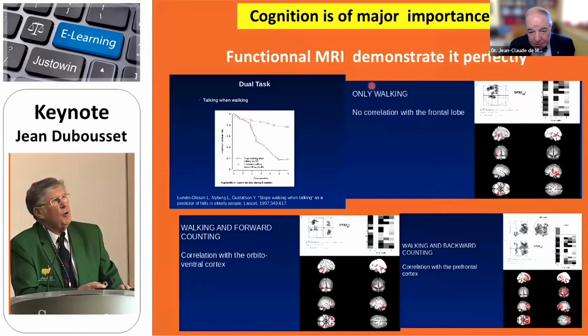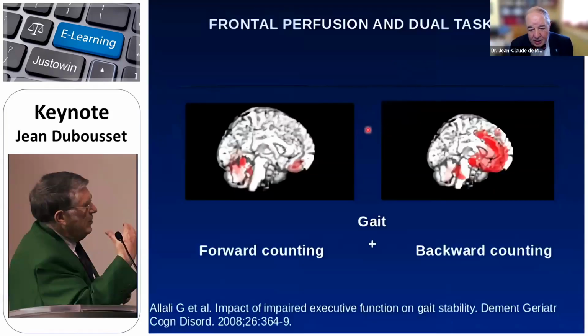And Jean Dubousset also worked on the adult degenerative patient on the cognitive aspect, of major importance, and you know this during gait, you can calculate the frontal perfusion, and you see the dual task. I always say that after 55, 60 years, you do the same exercise but with dual task, and you see with backward counting you have a better frontal perfusion.